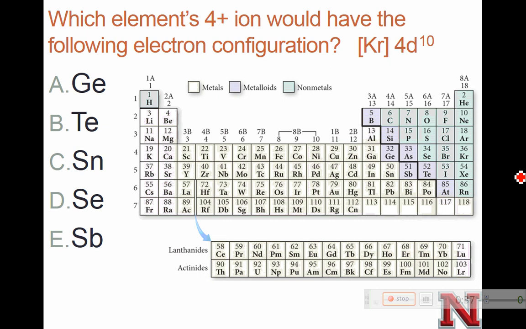So in the next 5 minutes, we're going to look a little bit at drawing the electron configuration when we have a charge. And we're also going to get to in the next class how this affects the sizes.